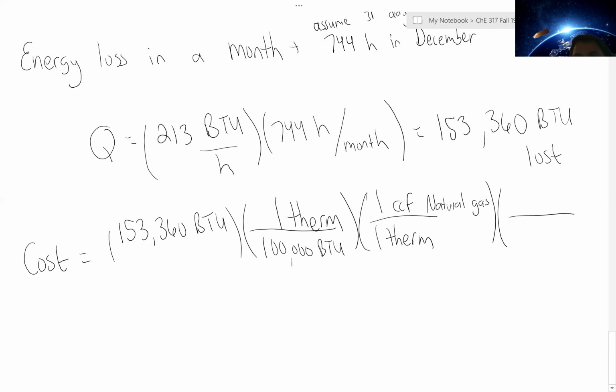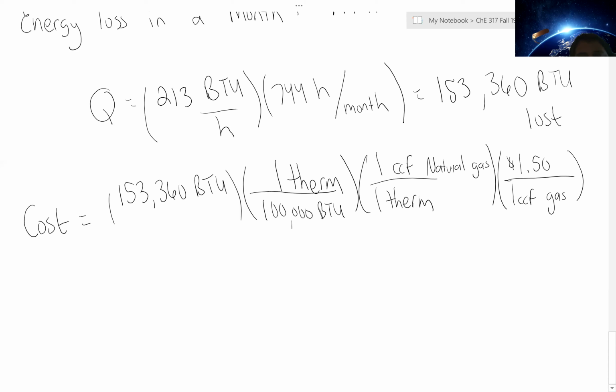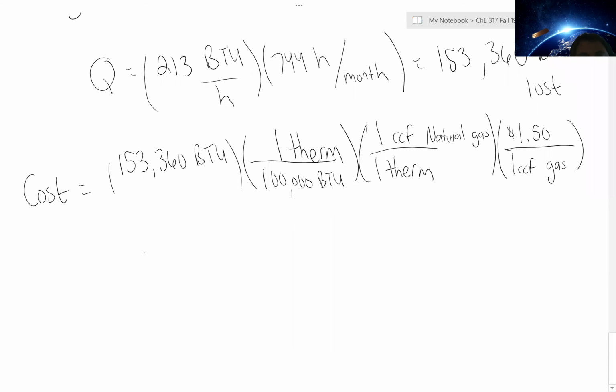And I know 1 CCF of gas costs $1.50. So my cost is therefore this value divided by 100,000 times $1.50, or approximately $2.30 of energy lost in the window.